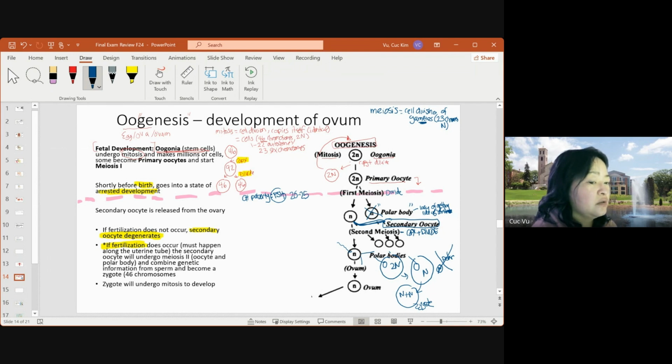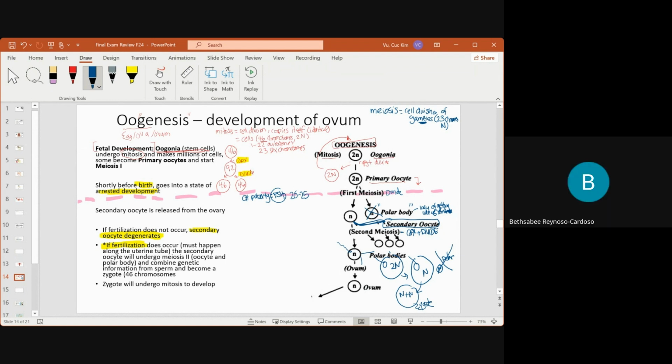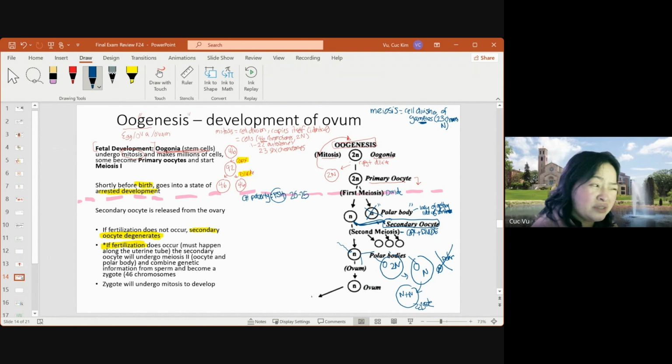That also means that as females age, their eggs also age, which is why as they get older, like 40s to 50s, there's a higher chance of chromosomal defects. Males are producing new sperm the whole life after puberty. Females are already born with them, so they age with the female.